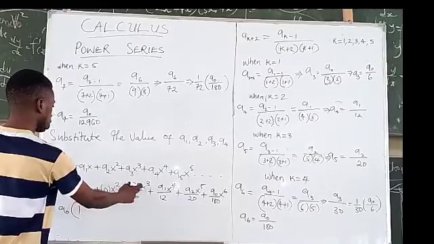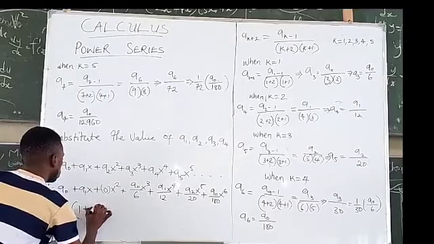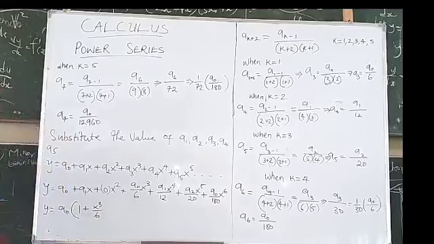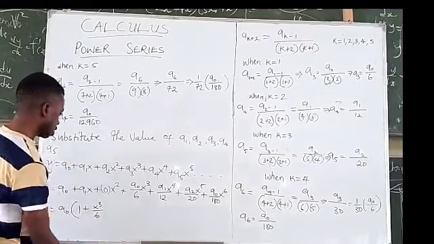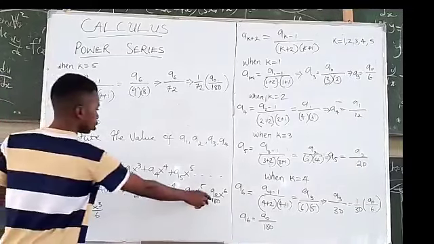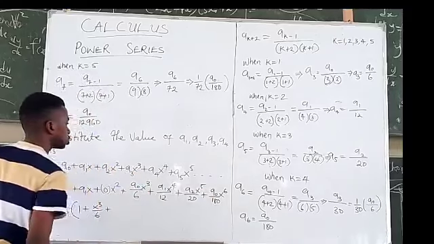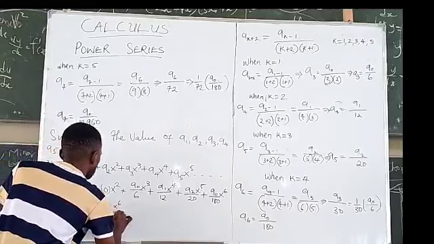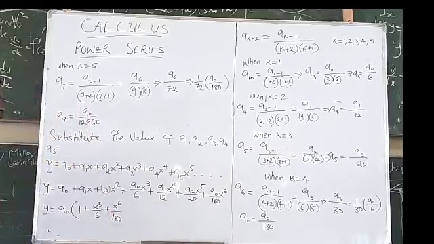We have A0 here. Remove A0, it becomes plus x power 3 all over 6. Then the next one, there's A0 here. Then it becomes plus x to the power 6 all over 180. Then there's no other A0 again.